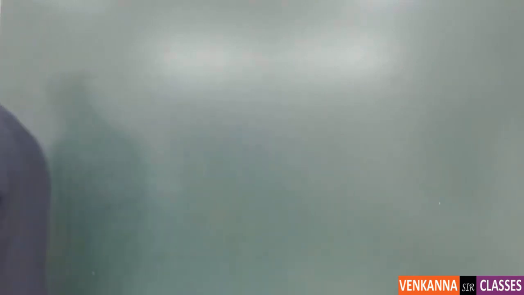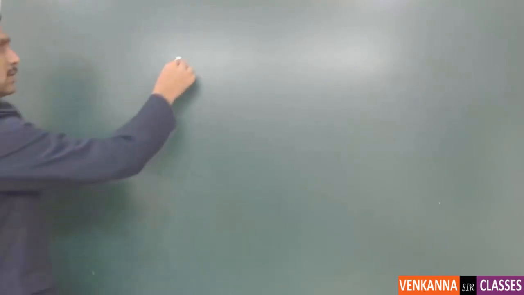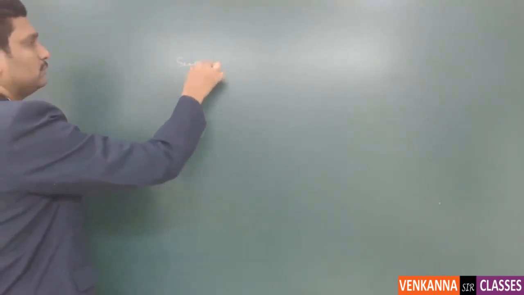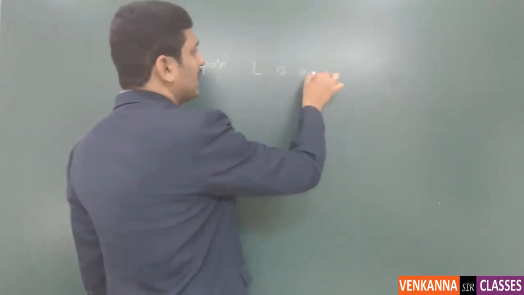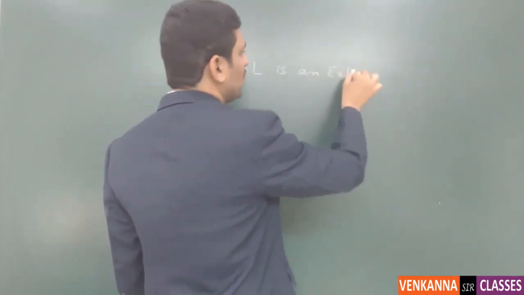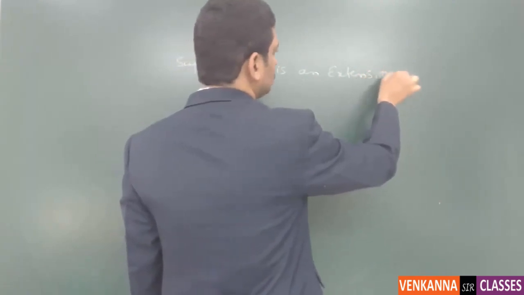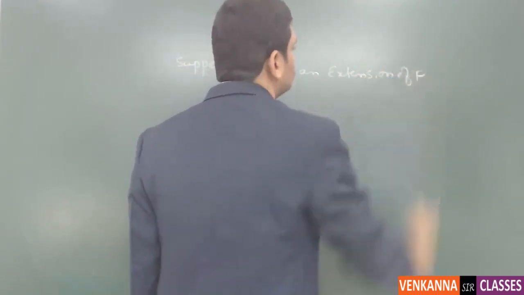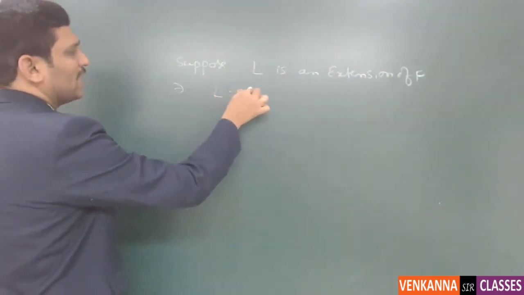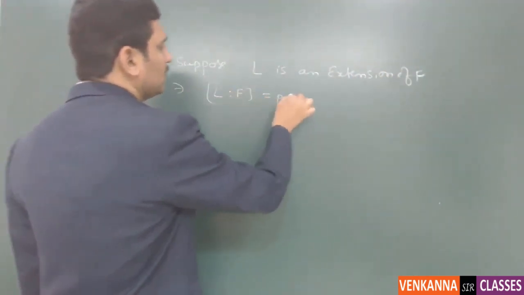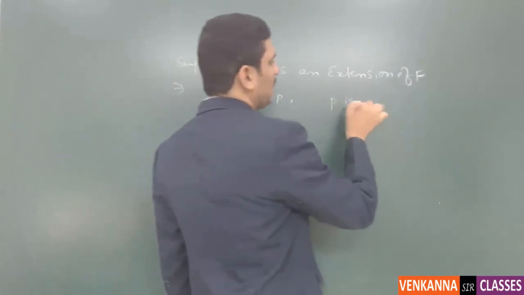So based on this result, there is one small result. Suppose L is an extension of F such that [L:F] is equal to P, where P is a prime number.